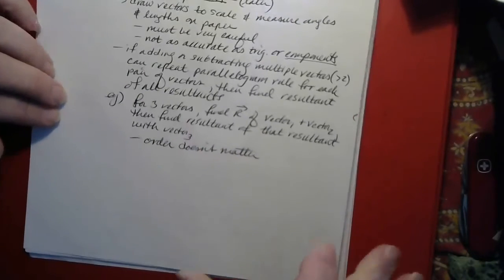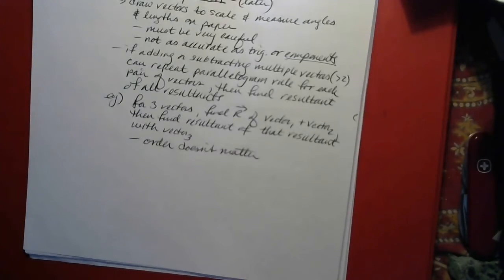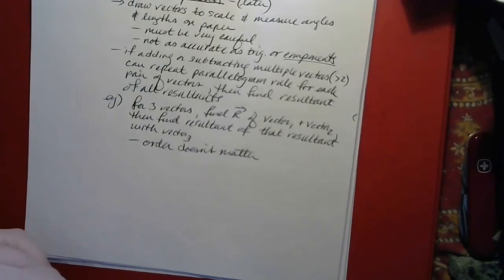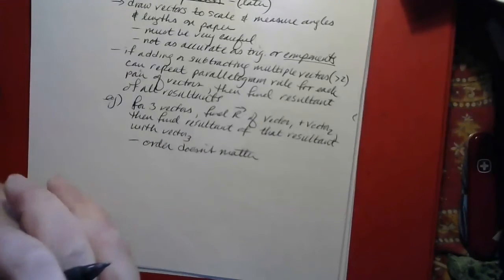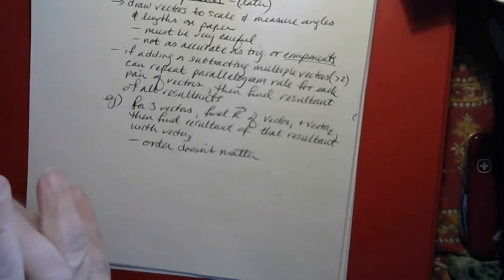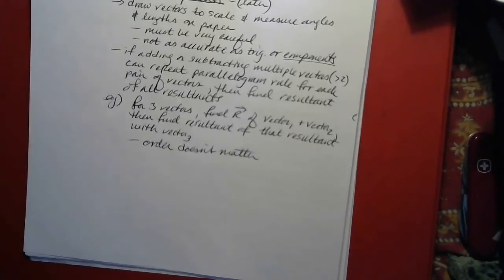And the order in which you do that shouldn't matter, because again, adding of vectors is commutative and associative. Like I think I mentioned before, if you're graphing it out on paper, doing it in a different order might result in different looking shapes being mapped out on the paper, but in the end, the magnitude and direction of the resultant should end up being the same.